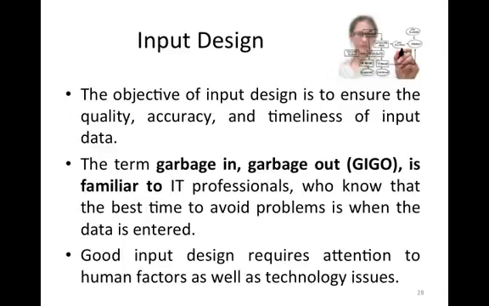That is, bad data in produces bad results. It's a very common idea in computer science that it's best to avoid problems. It's really hard to correct bad data. It's easier to get good data in than it is to find and correct bad data.